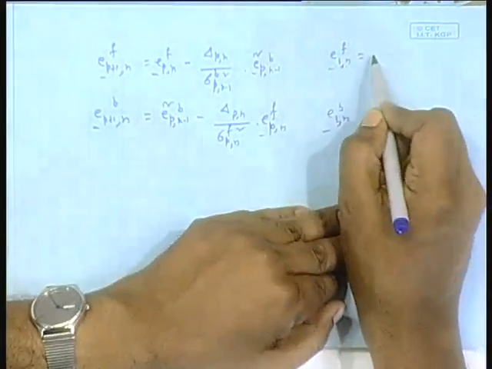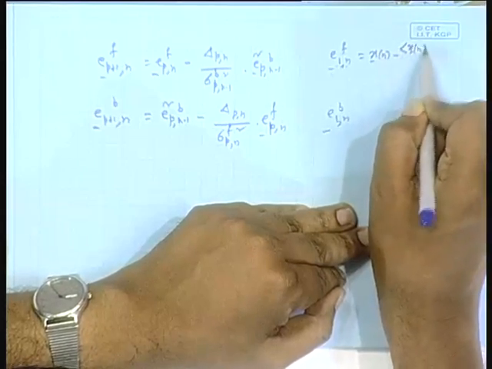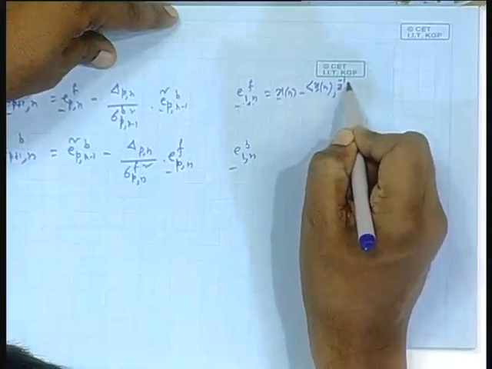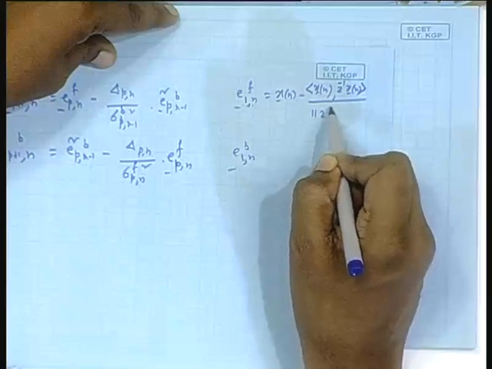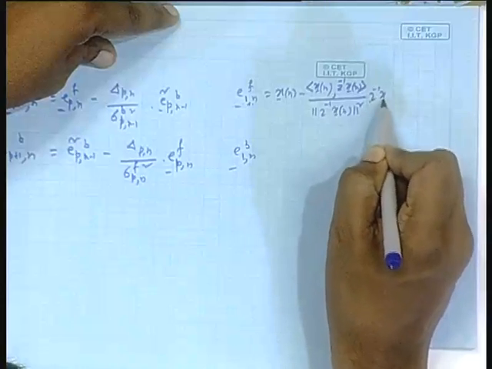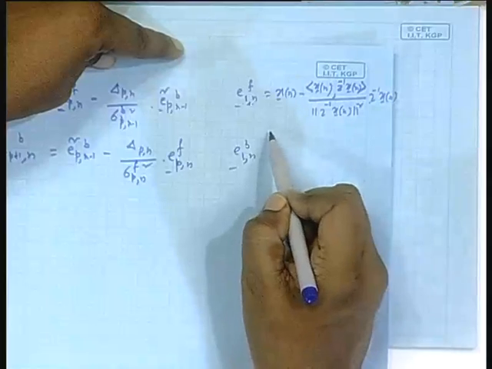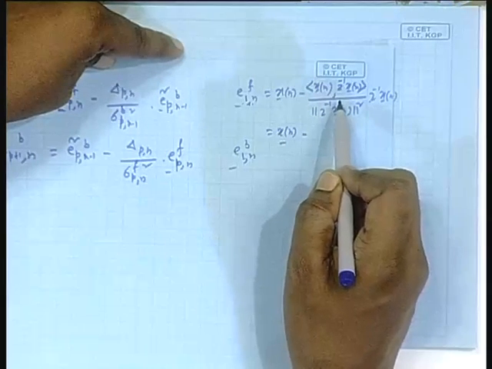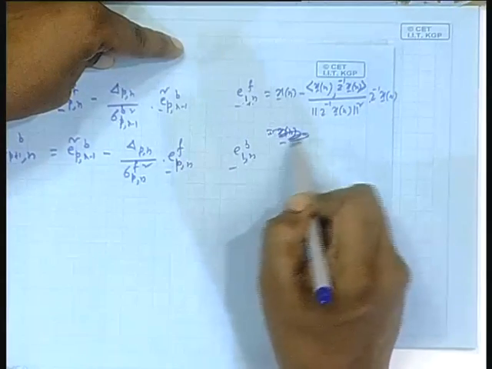So, simply x n minus the inner product of x n with the vector, divided by the norm square of it, which you can also write as x n minus Z inverse x n.